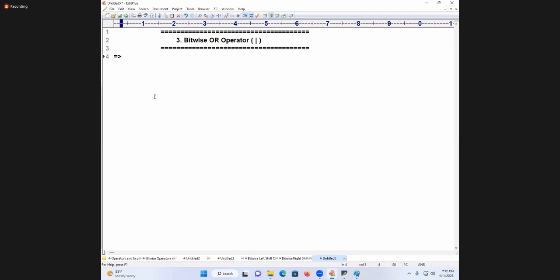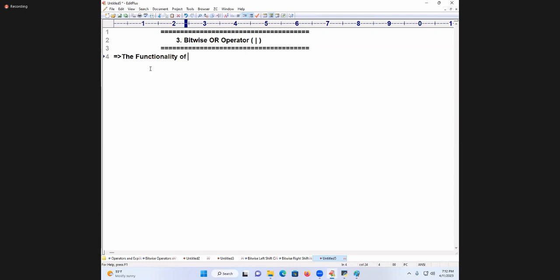Now I am going to say the functionality of the bitwise OR operator is completely different from our logical OR operator. Logical operators are there or not? Yesterday only we discussed the OR operator. That OR operator and this OR operator are completely different.